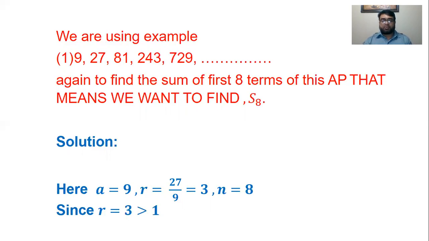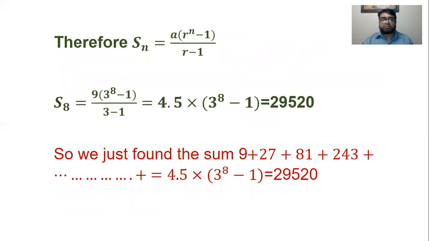So just plugging in, you have to choose the right formula because r is 3 here, so it's more than 1. So you know which formula is to be used here. This is the formula. If you plug in all these values, the result is 29,520. That means first term, second term, third term, fourth term, and lastly the 8th term. If you add all of them, the result would be what?